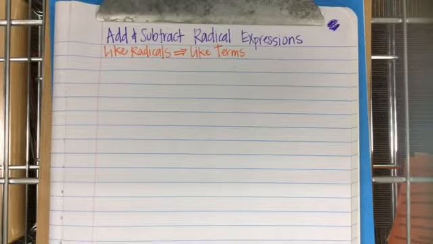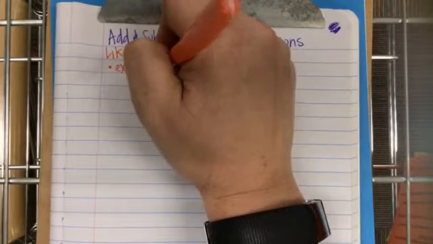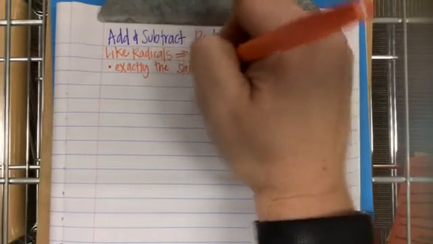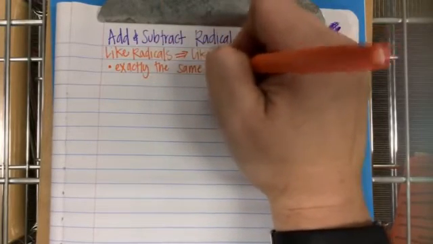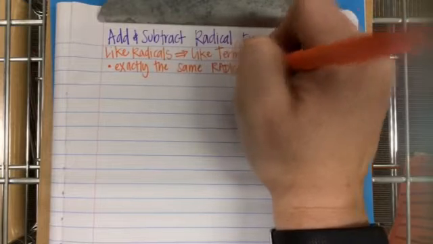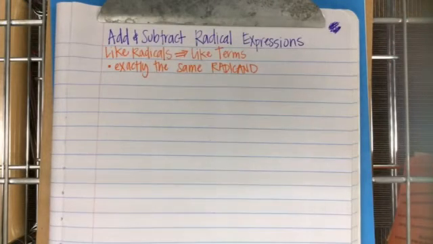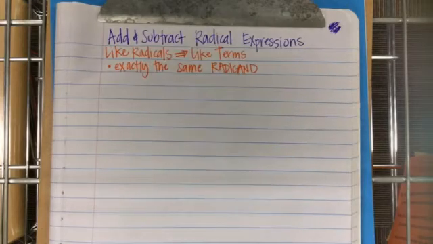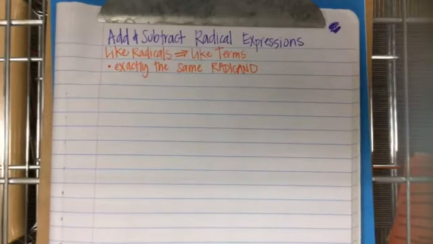A like term has to have exactly the same variable, so a like radical has to have exactly the same radicand. And remember, the radicand is just the number underneath the radical sign. So they have to have exactly the same radicand.